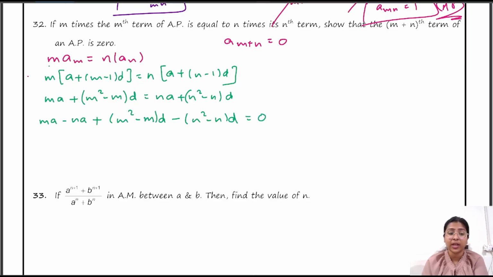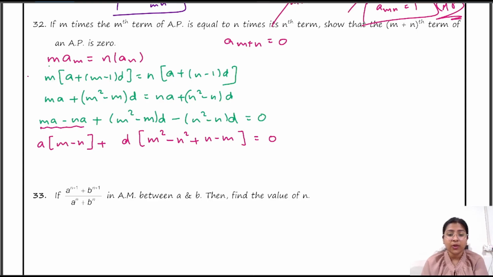So in RHS you will have 0. Okay, taking A common, we will have m minus n. Taking D common, so you will have m square minus n square, and arranging the terms, minus m plus n, or we can also write plus n minus m is equal to 0.